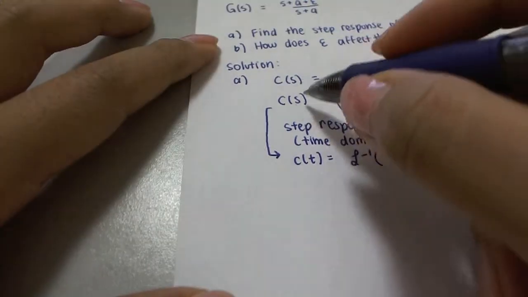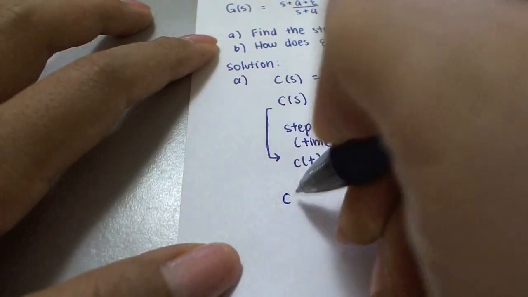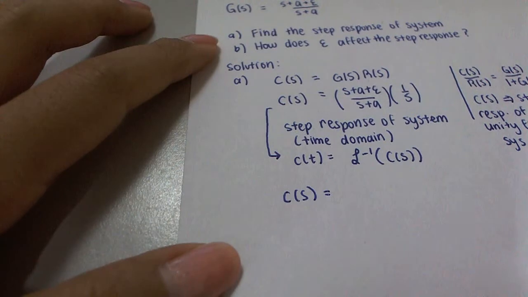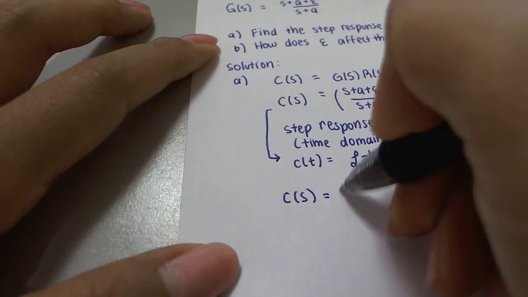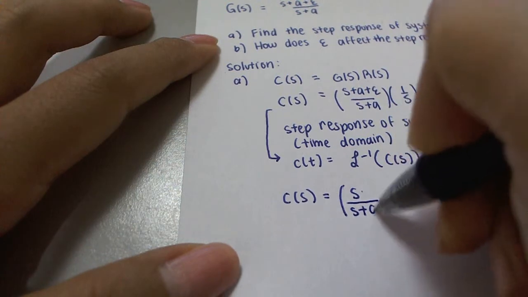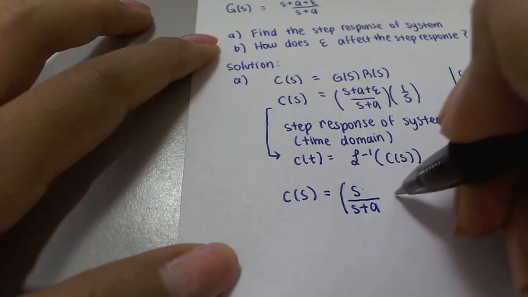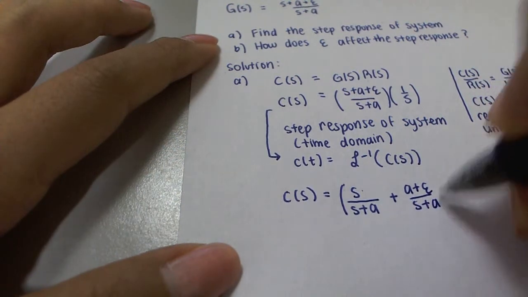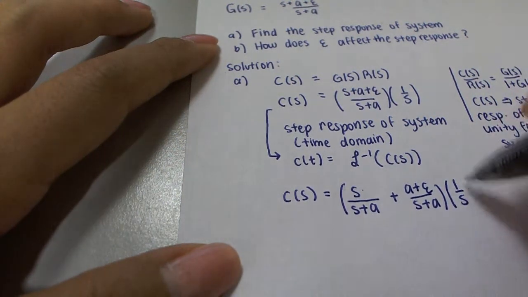So if I have to rewrite C(s), I can break it down into two parts: s over (s + a) plus epsilon over (s + a), and this is multiplied by 1 over s.